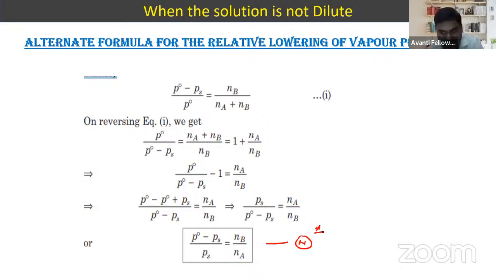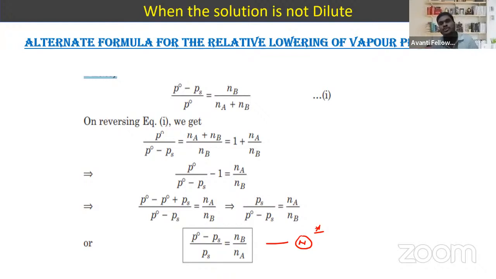After solving, we get this very important formula, beta: (P naught minus Ps) upon Ps equals Nb upon Na. We use this formula when the solution is not dilute, right? So here it is (P naught minus Ps) upon P naught for dilute solutions, and here it is (P naught minus Ps) upon Ps, which equals Nb upon Na.